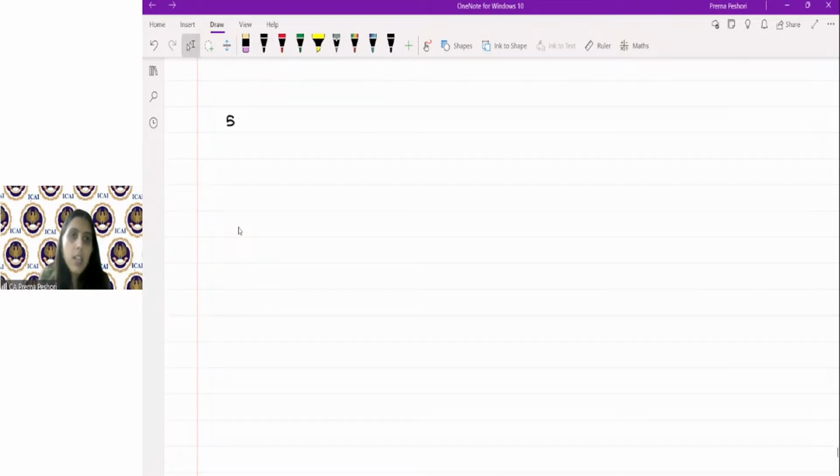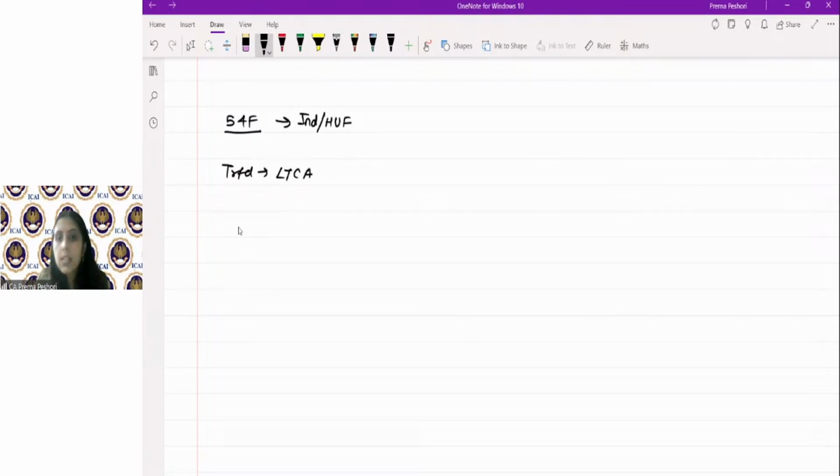Next one is 54F. Now 54F, again, the eligible assessee is individual or HUF. And what are the conditions here? Which asset should have been transferred?